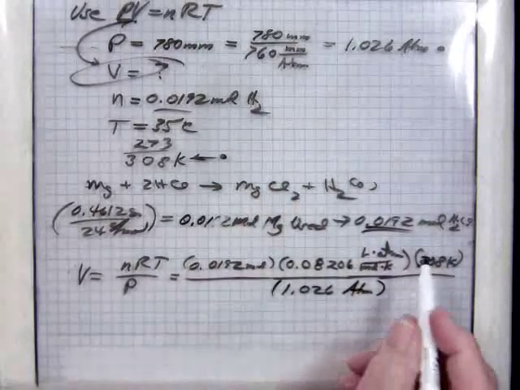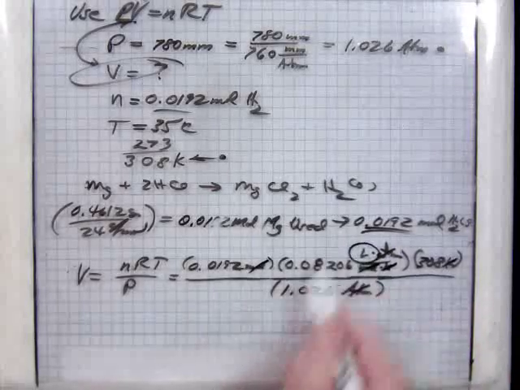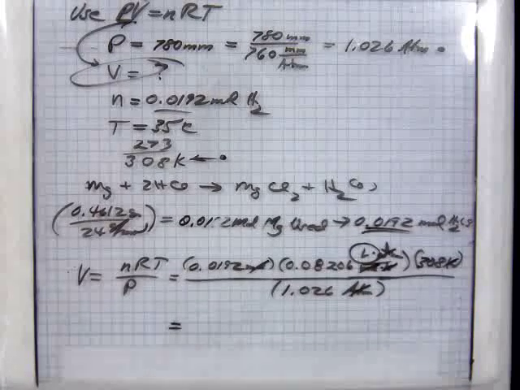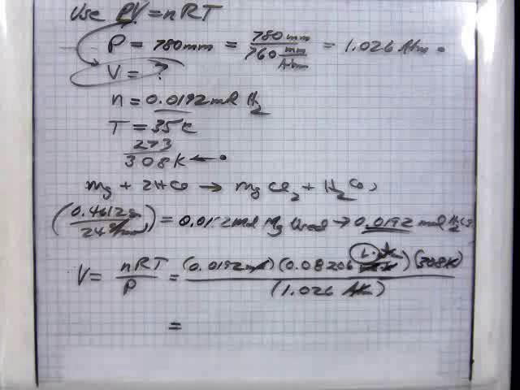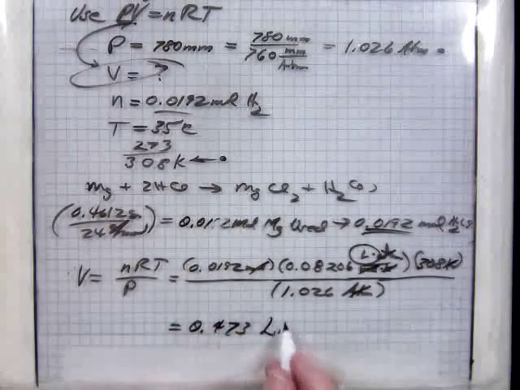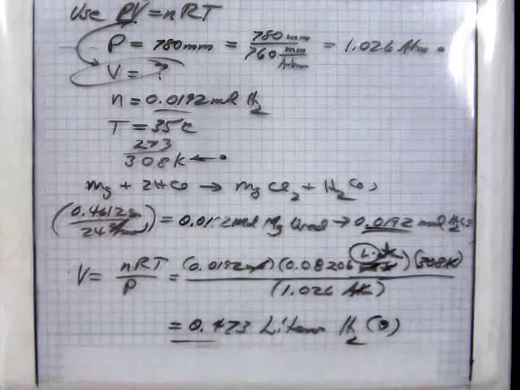So you can easily see atmospheres will drop out, Kelvin will drop out, moles drop out, and liters is the only unit left. So that's 0.0192 times 0.08206 times 308 divided by 1.026, I get 0.473 liters of H2 gas for the yield on that particular problem.